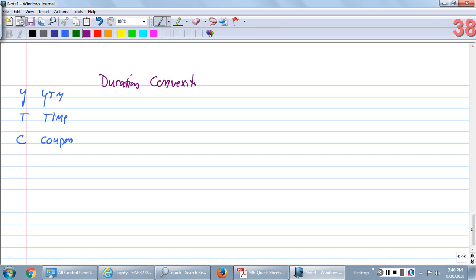And you need to know whether these three variables are inversely related or directly related. When I say inverse, that means opposite, right? For instance, I'll give you an example. Yield to maturity, inverse.